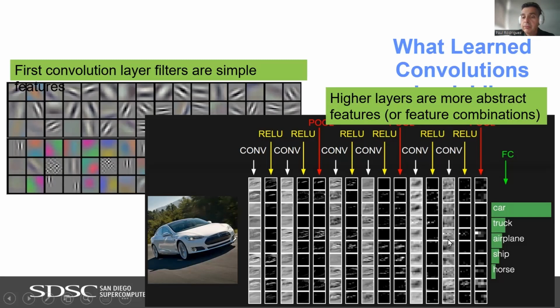But they're smaller feature maps, and sometimes people call these things equivariant, because at the higher levels, these combinations of features that help you predict a car or a truck are not necessarily tied to a specific point in space. So it's equivariant in the sense that different parts of the image can all activate some car feature.